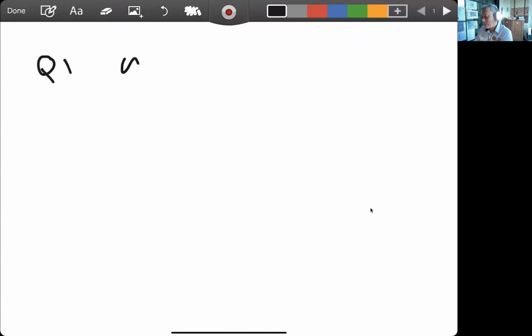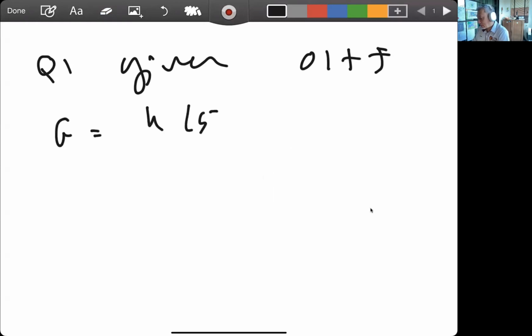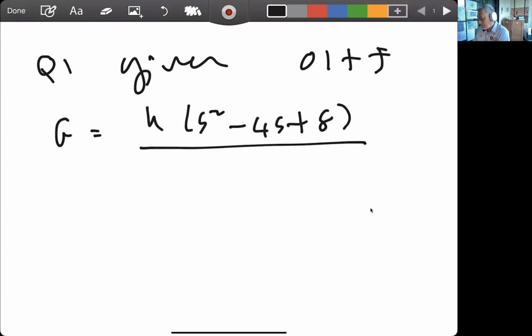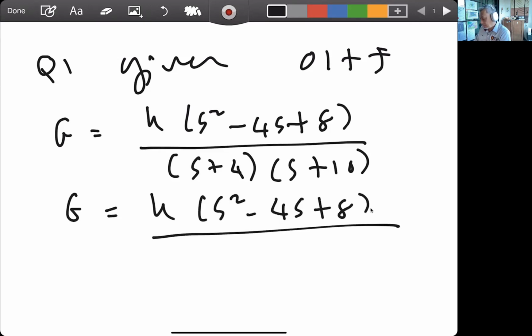So given the open loop transfer function, G is equal to K(s² minus 4s plus 8) over (s plus 4)(s plus 10), correct? So G is equal to K(s² minus 4s plus 8) over s² plus 14s plus 40.